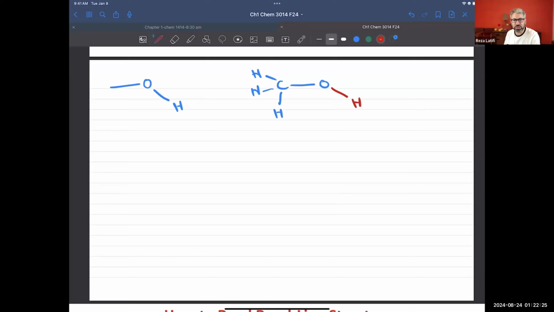Clearly oxygen is not octet. So what do I need to do with it? Let's draw a circle around oxygen. Next, we're going to add 2 lone pairs. Why 2 lone pairs? Because we want to make it octet.